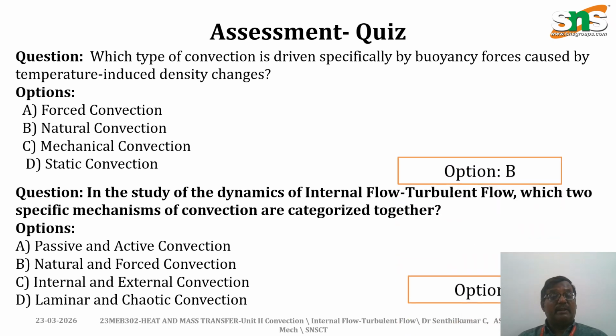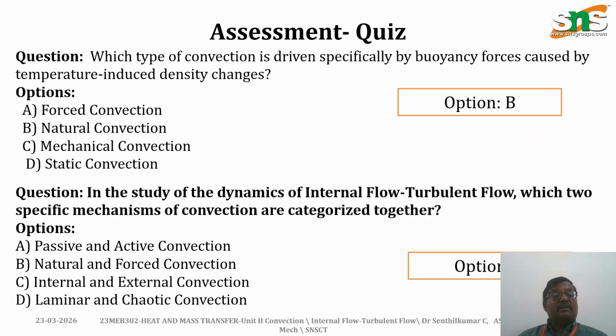Expecting your answer, that is natural convection, which is B. Here, if you think it's forced convection, there also the buoyancy force is there. The word should be external agents, something like that, which doesn't mean density changes.